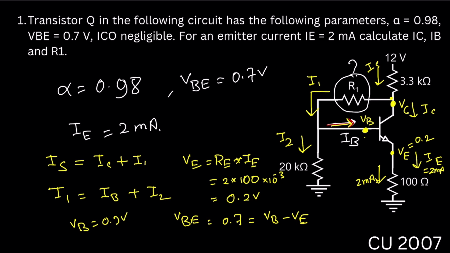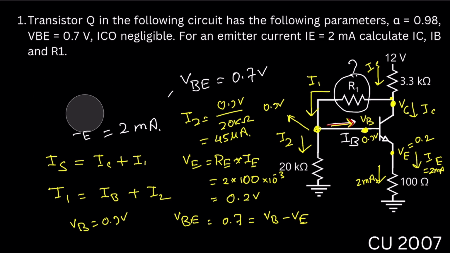So this point VB is 0.9 volt, that means this point also has a voltage of 0.9 volt. From here we can get the current I2. I2 will be 0.9 volt divided by 20 kilo ohm, equal to 45 microampere. Clear?